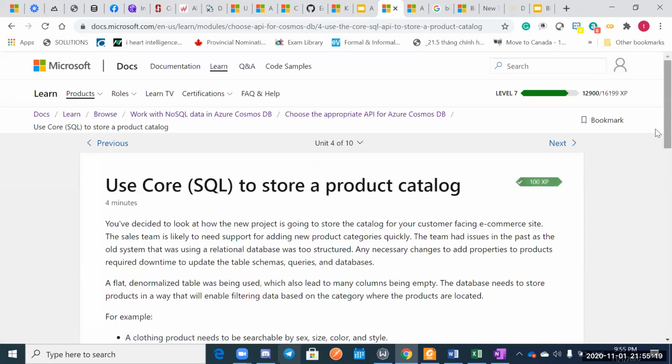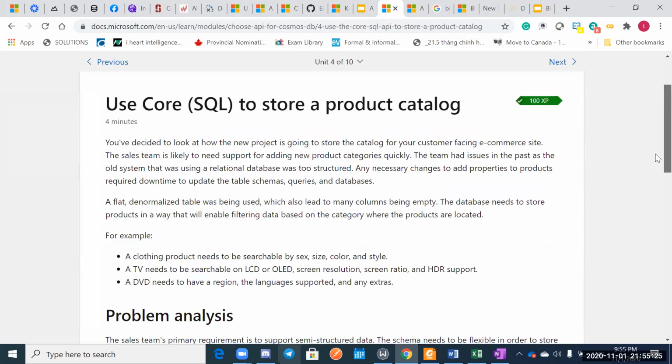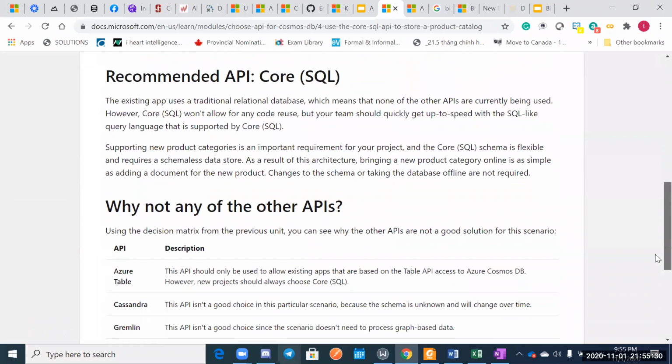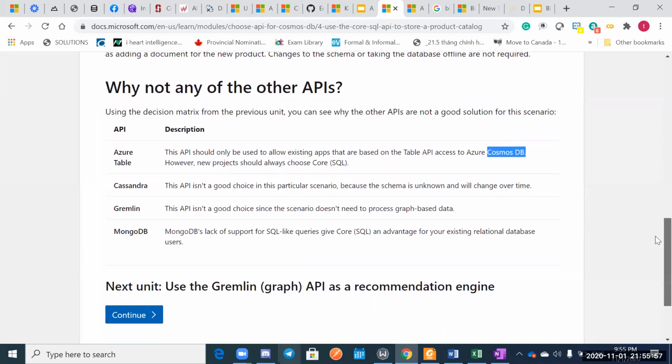Okay, so we will go through each of the scenarios here. For storing a product catalog, let's see what we have. For Azure Table, this API should only be used to allow existing apps that have Table API access to CosmosDB. Cassandra is not a good choice because the schema is unknown and changes all the time.